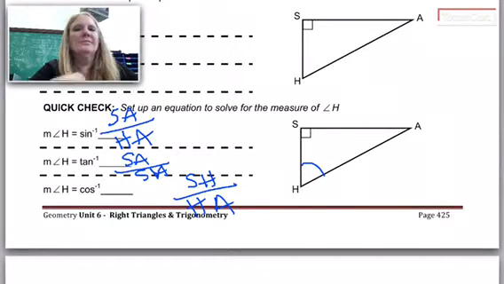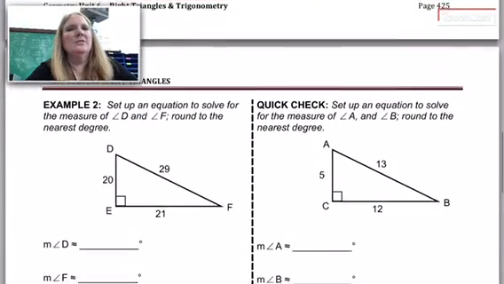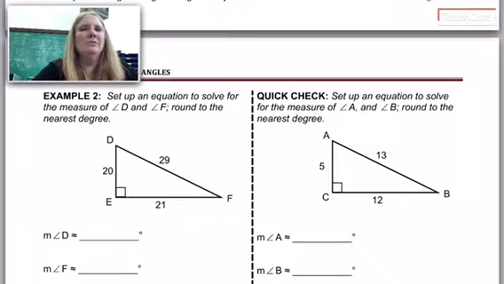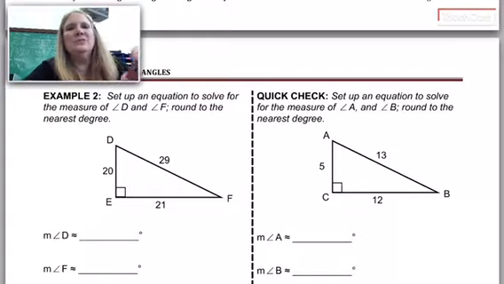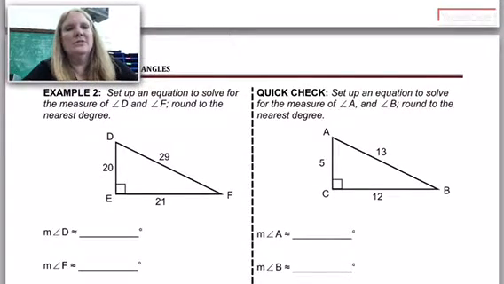Okay. So now we finally get to where we're actually going to solve and find an angle measure. So the measure of angle D. So we're looking for this angle right here.